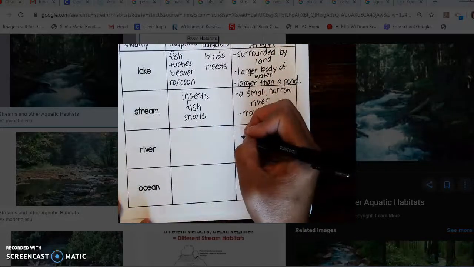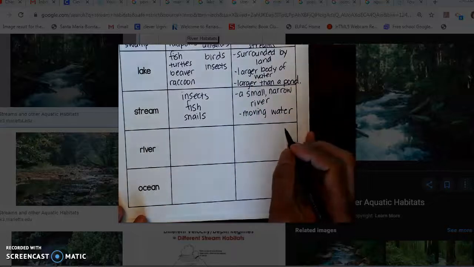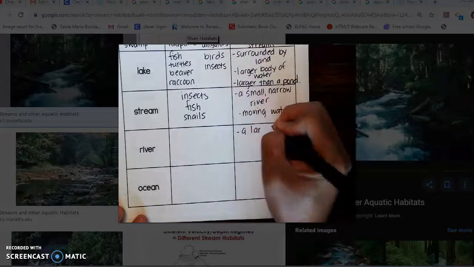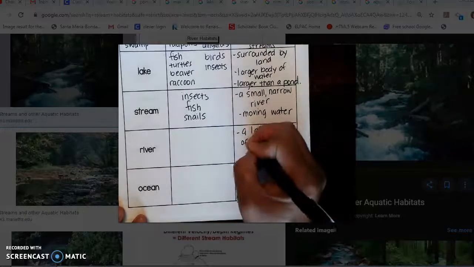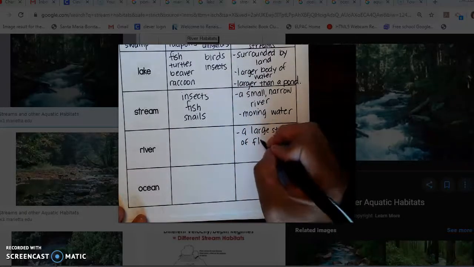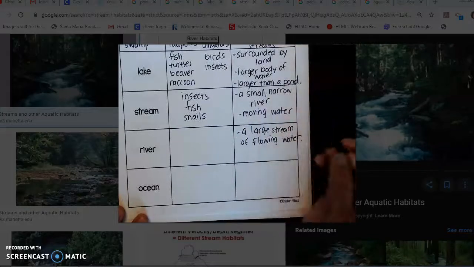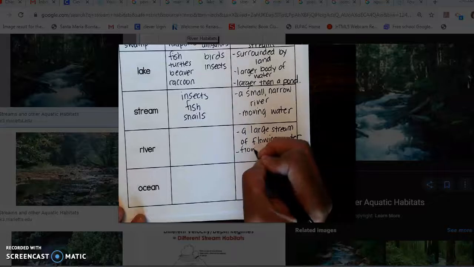And at the end of that river, it flows into what is called the Gulf of Mexico, which is a big, huge body of water. So right here, river, we're going to write a large stream of flowing water and it flows into another body of water.